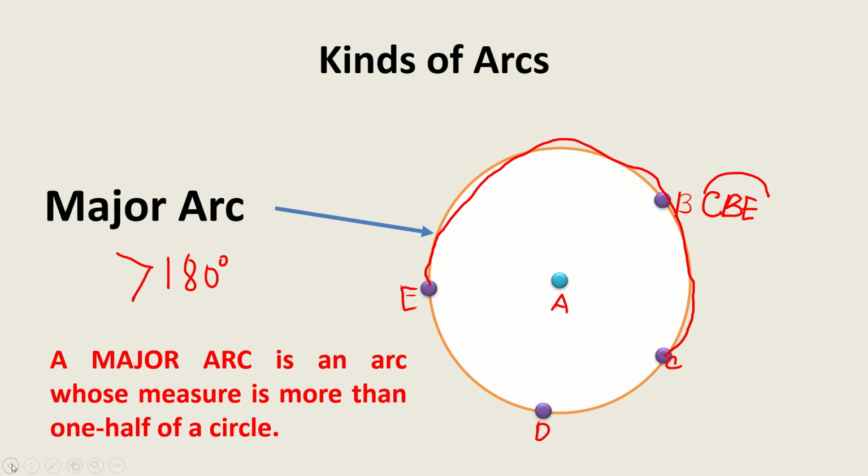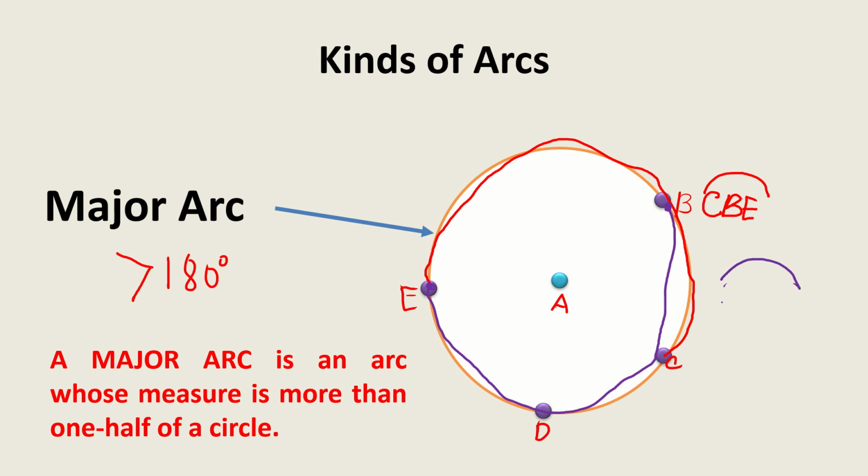So meron pa pong ibang major arc dyan, hindi lang po yang isang yan. So ano pa ba yung mga ibang major arc na pwede nating makita? So, I'm using another ink. So pwede from point B, dumaan ng point C, D, hanggang makarating kay E. So that is another arc. So pili na lang po kayo sa gitna.